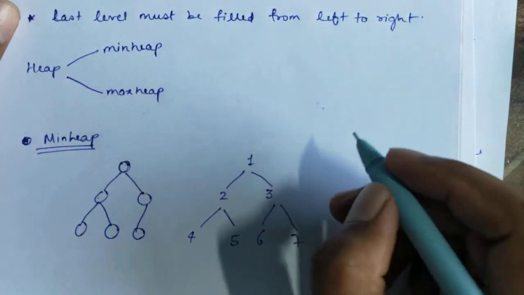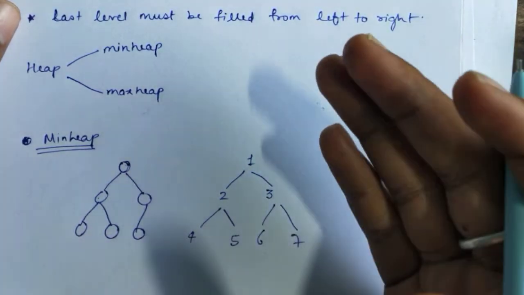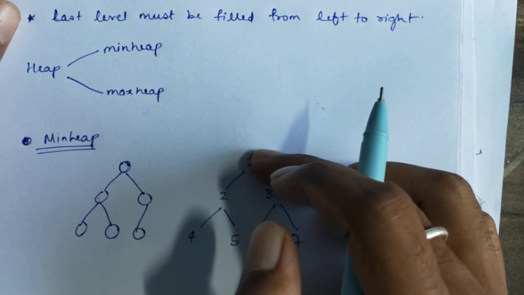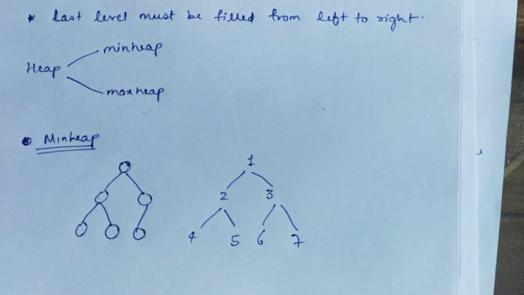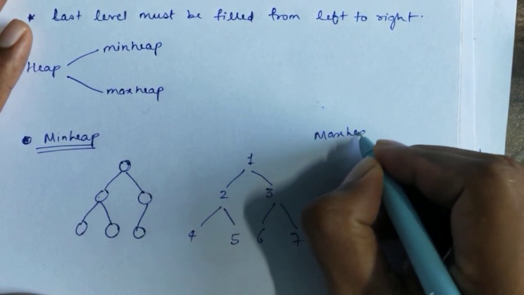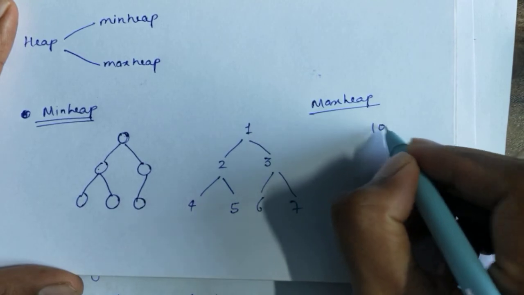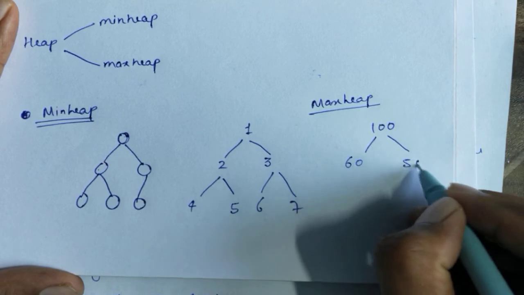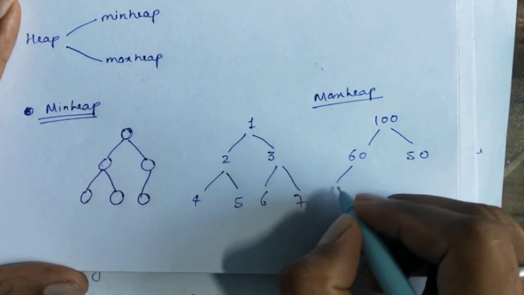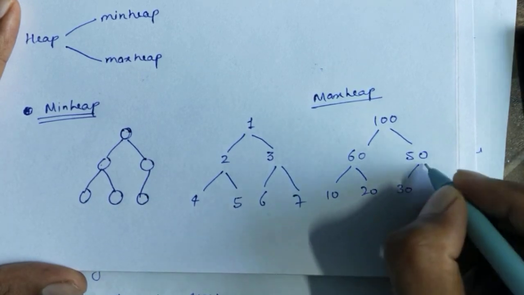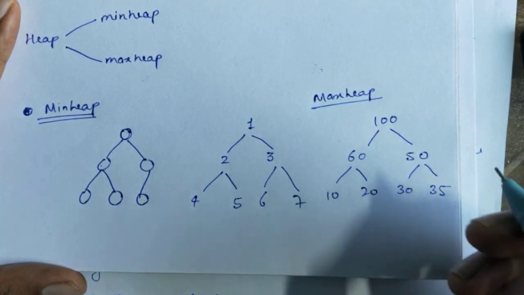Similarly, if we want to talk about max heap, this condition is reverse, that is each node must be larger than all of its children nodes. So if I draw a max heap here, let's say root node is 100, it's having child nodes as 60 and 50, and 60 is having children as 10, 20, and 50 is having children 30, 35.